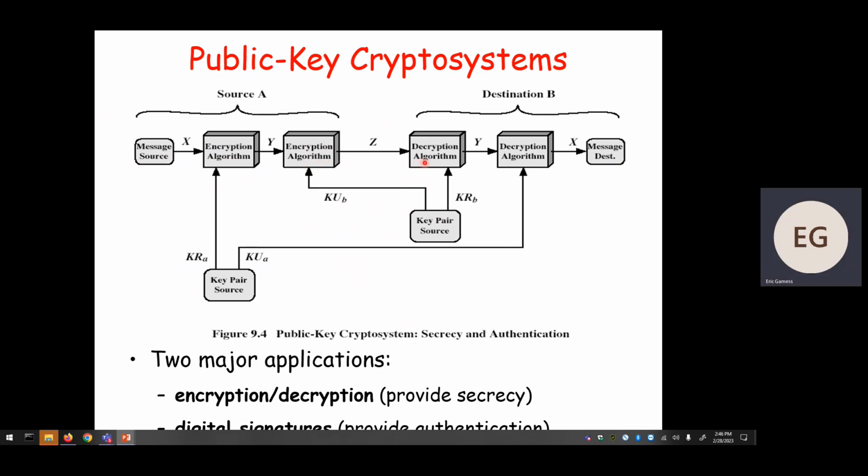Only the destination has the private key that corresponds to the public key that we used to encrypt, so the destination will be able to decrypt the message. Let's say that there are two levels of decryption, because here also we decrypt, but everybody can decrypt this level because everybody has the public key of Alice.